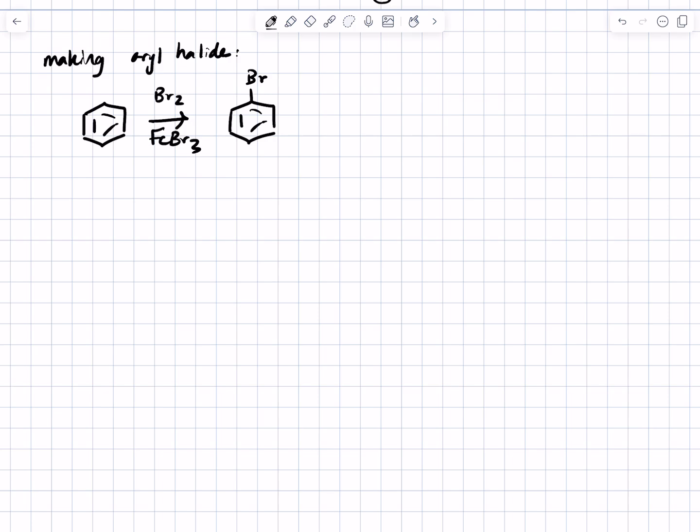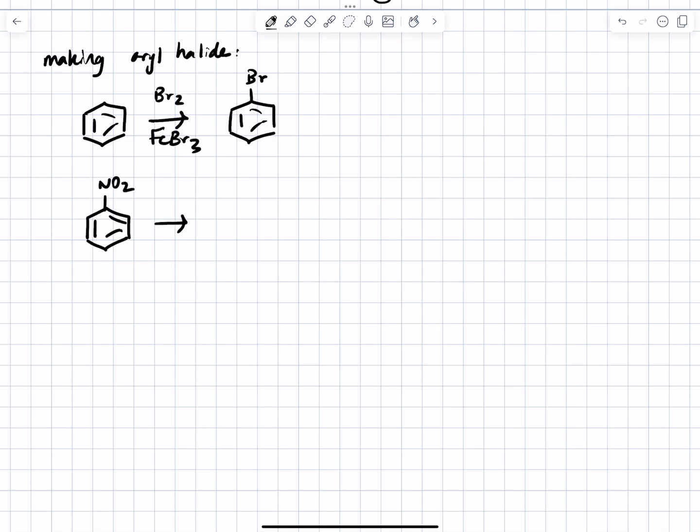If you had some other functional group on it and you needed to get a particular arrangement of groups, you've got the other strategy of putting a nitro group on first, then doing the palladium catalyzed reduction of the nitro group to the aniline.